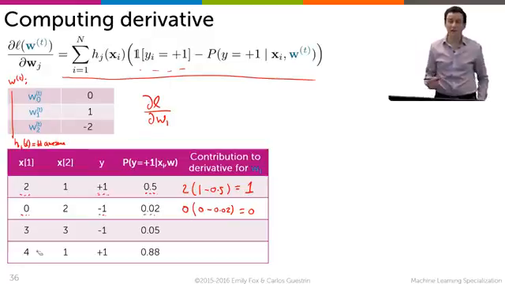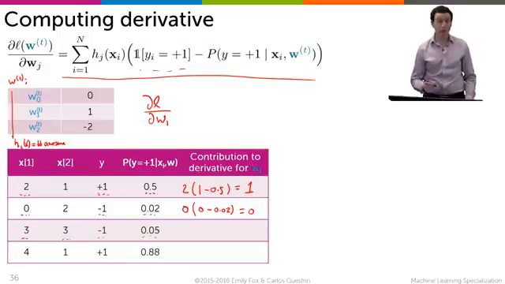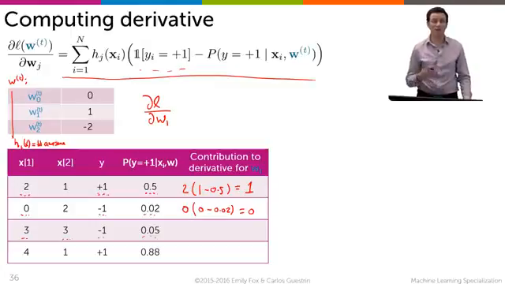Now let's look at the third example. It's a bit of an unusual example. It has 3 awesomes and 3 awfuls, and it is actually a negative example. And the model thinks it is pretty likely to be a negative example. So it's 0.05 probability of being positive, so 95% chances of being negative. So what's the contribution it has to the derivative?